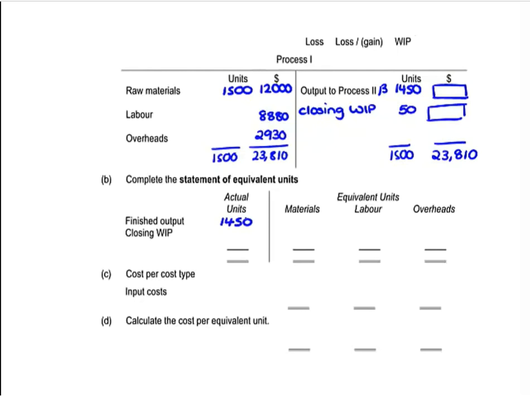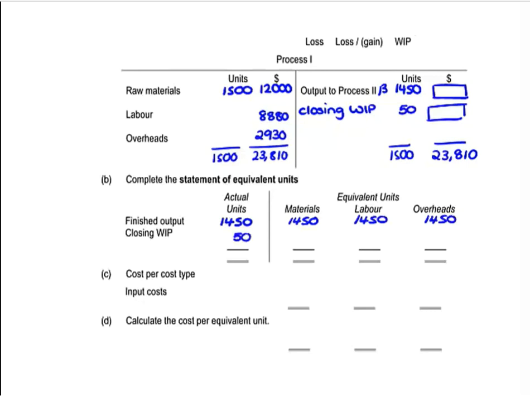The 1,450 units of finished output must have been entirely complete for materials, labour and overheads, because they were complete by the end of the period.